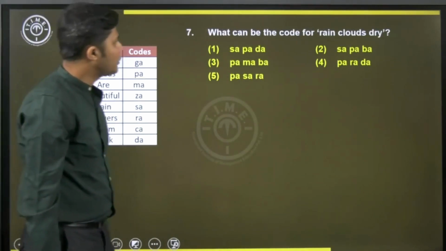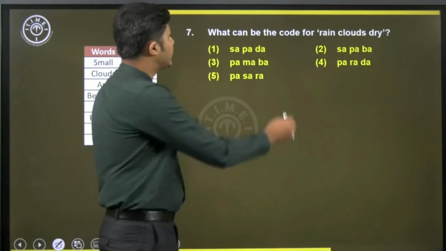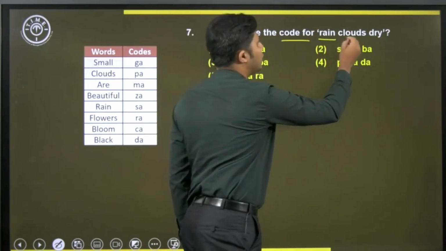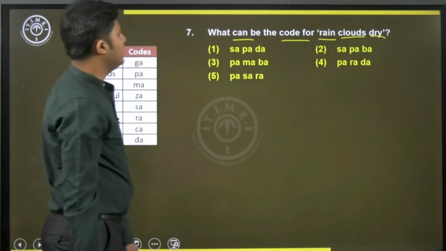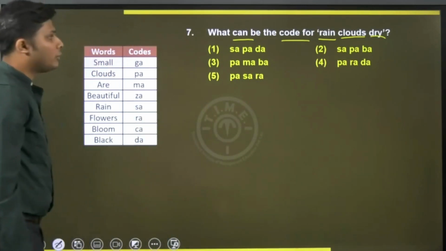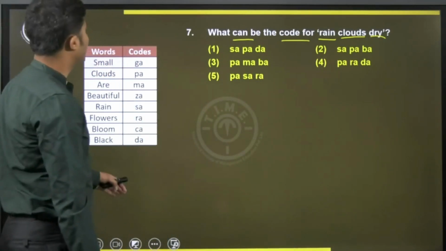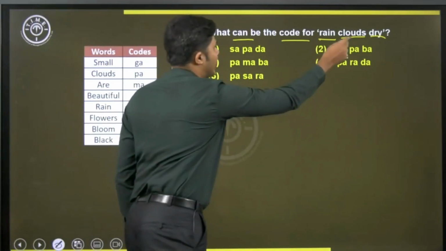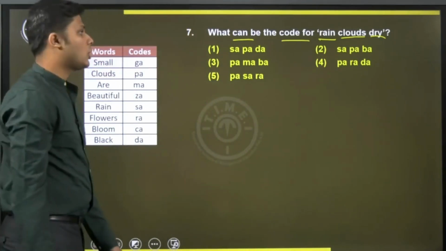And the 7th question, what can be the code for rain, clouds, dry? We can check dry is a new word given to us. So the code for dry must be a unique code which is not already given to us. So let's use the codes of rain and clouds to eliminate the choices.